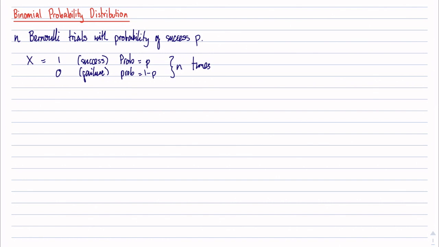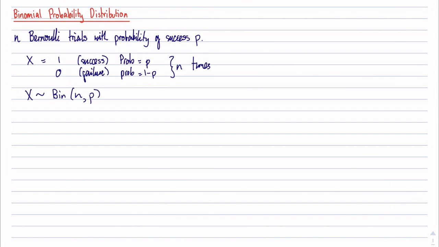So another way of saying that it's a binomial distribution is saying that we have this funny thing. It's a tilde technically. It's binomially distributed with n trials, p success.